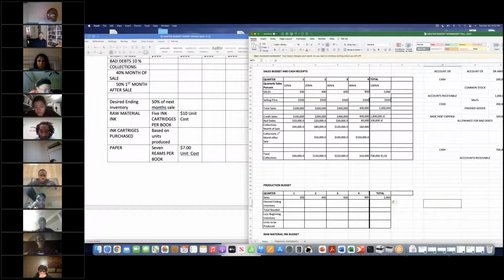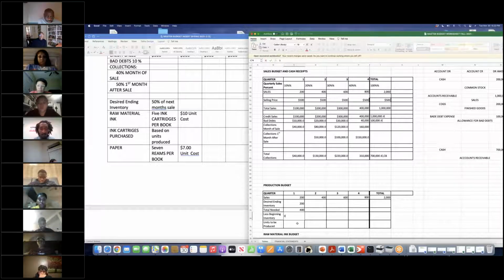So if we produce 200, we also want 50% of this 400. So we're going to produce those too. So we're producing what we're selling plus half of next month's sales. So the total we're going to have to produce is 400. We don't have any beginning inventory.